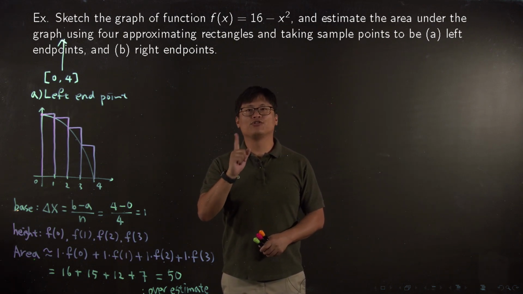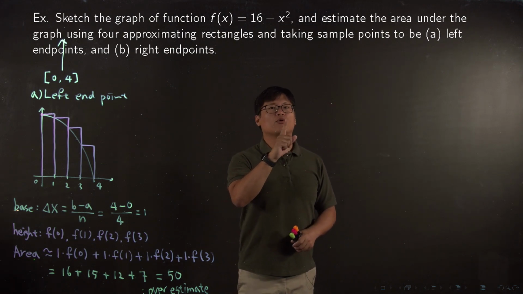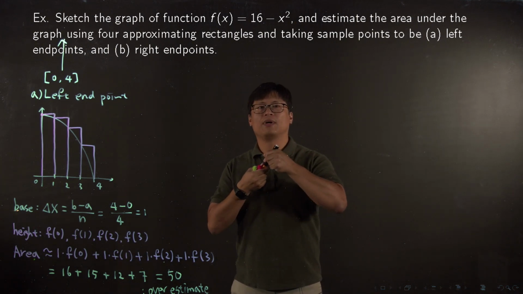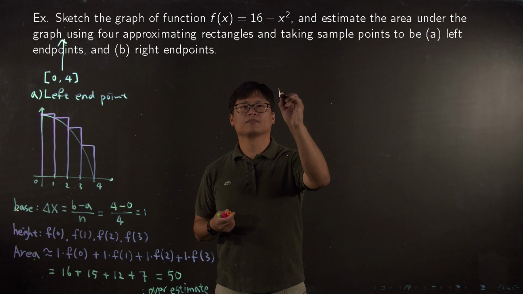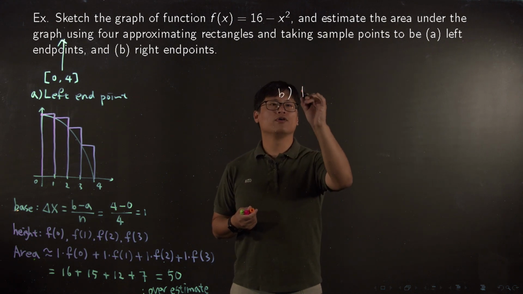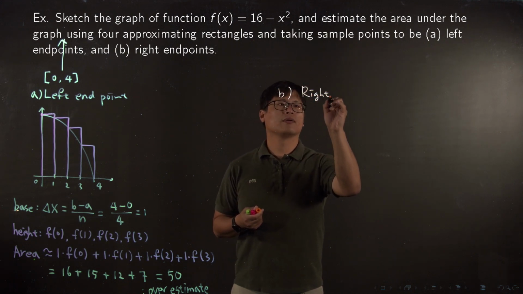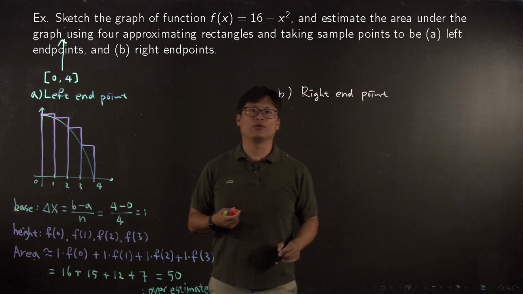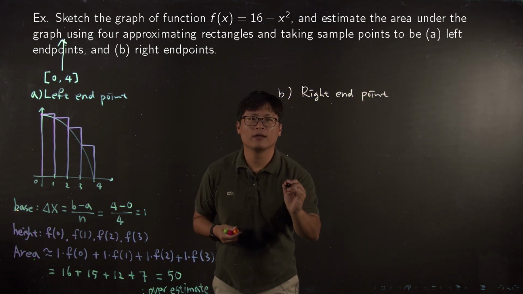Now let me show you using the right endpoint for your sample point, okay? Here we go. So, part B. Okay. We're going to use the right endpoint for your sample point, okay? So let me draw the figure again, okay? Here we go.